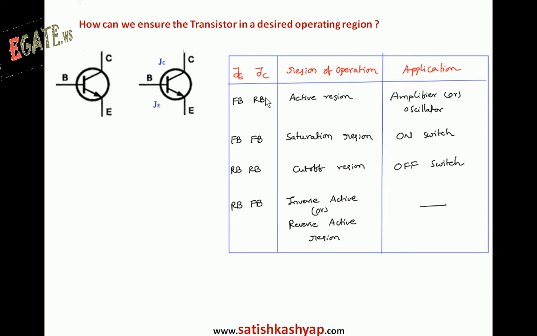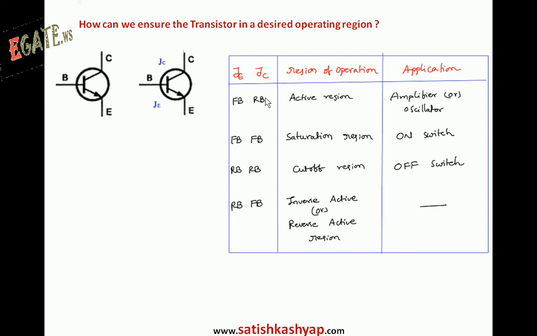When both junctions are reverse biased, it is in the cutoff region, where it finds application as an off switch. Whenever the emitter base junction is reverse biased and the collector base junction is forward biased, it is called the inverse active or reverse active region, where it doesn't find any applications.